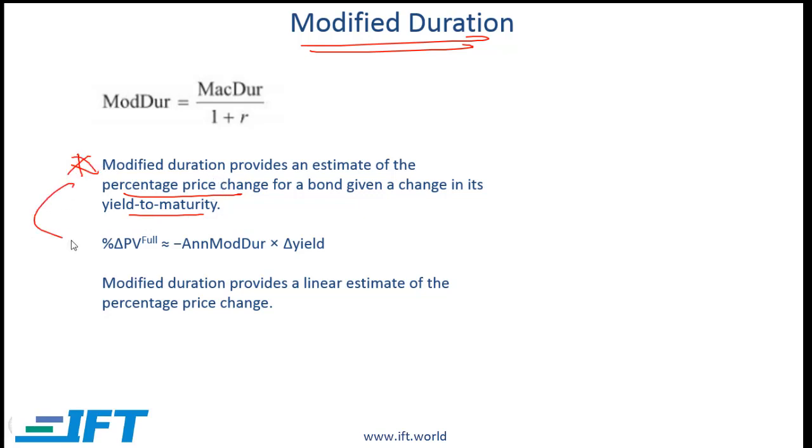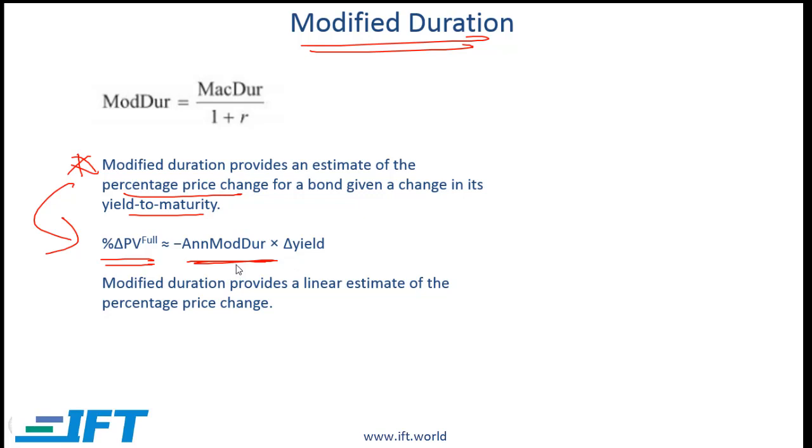If we take this interpretation and express it as a formula, this is what we have. The percentage change in the value of a bond, and this is actually the full price of the bond, is equal to the modified duration times the change in yield.